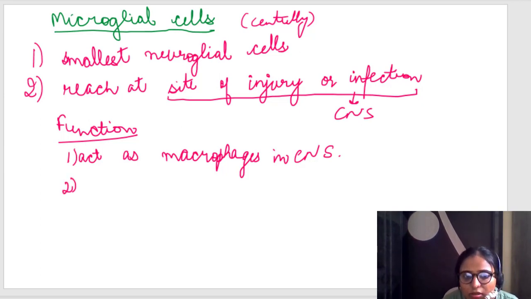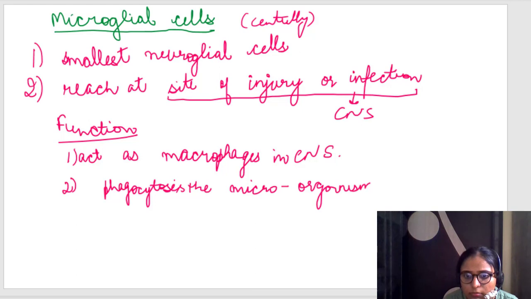So what do they do? They reach there and they phagocytose the microorganism as well as debris. You know what is debris? It is a waste material. Fine.